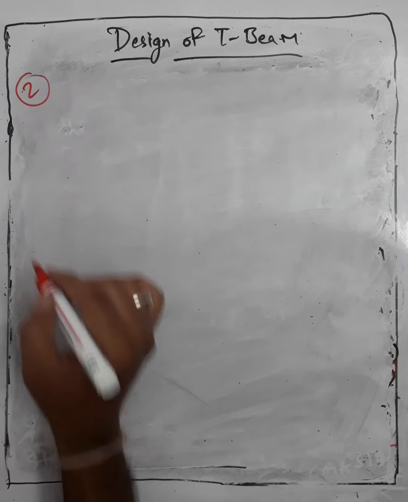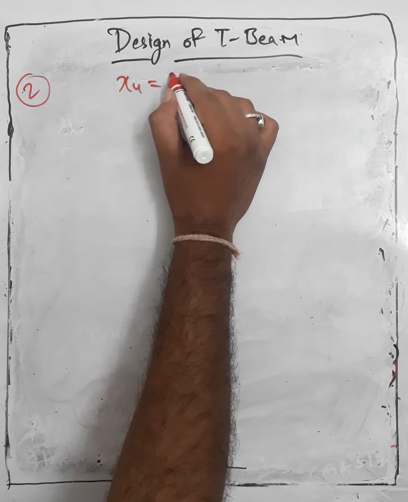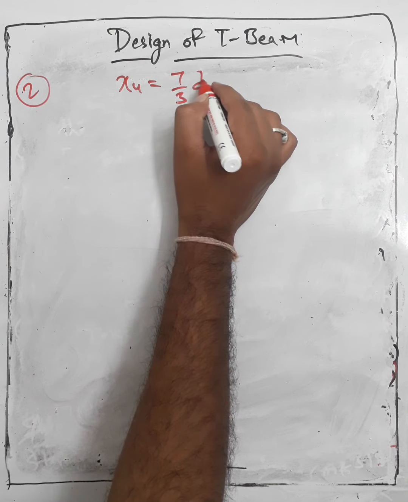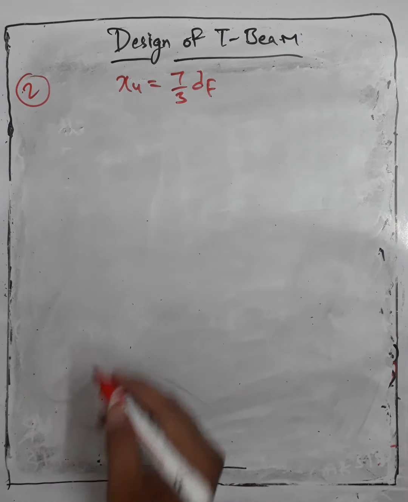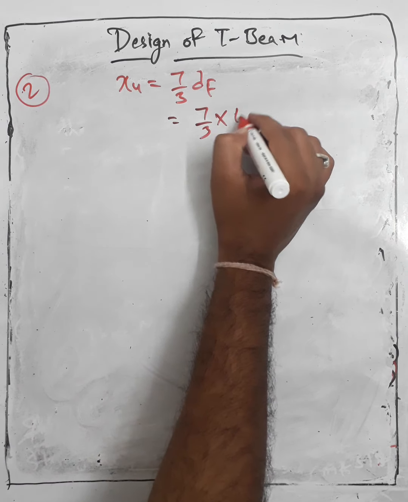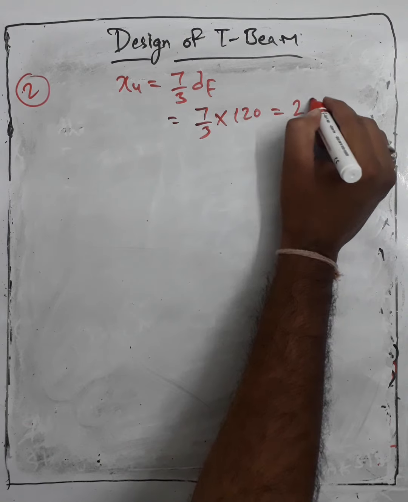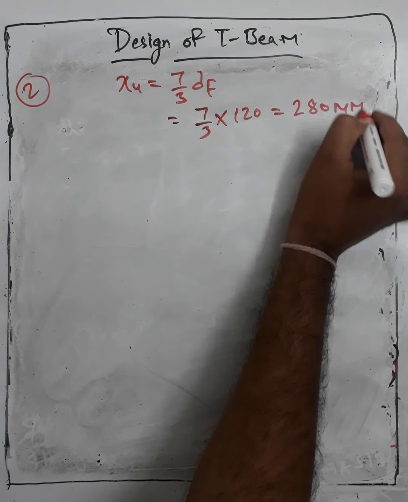In step number 2, we put XU equal to 7 upon 3 DF. So 7 upon 3 into 120, we get 280 mm.